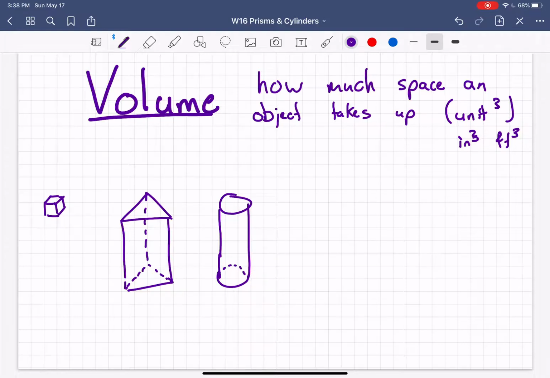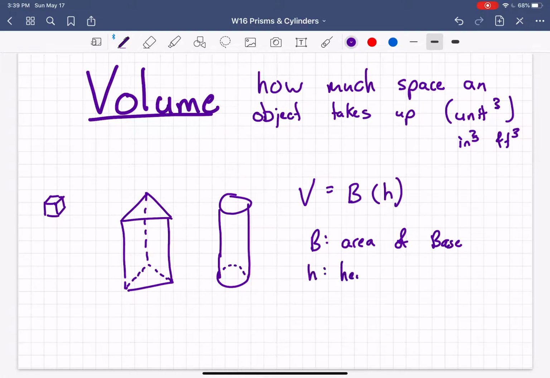So the volume isn't too bad for this. The formula that we're going to use is the area of the base times the height of the prism, right? B is the area of the base. H is the height of the prism or cylinder, right?